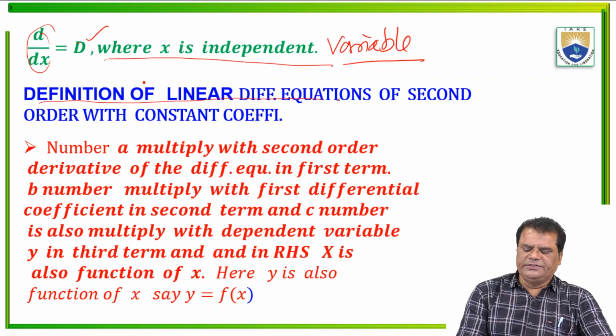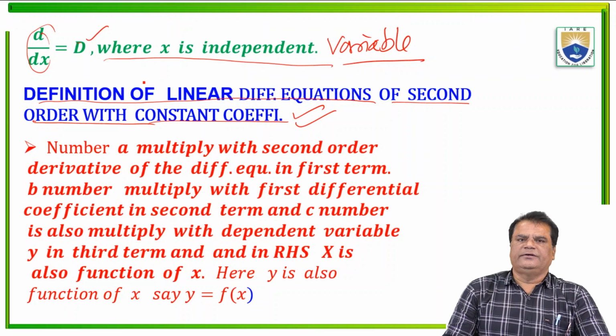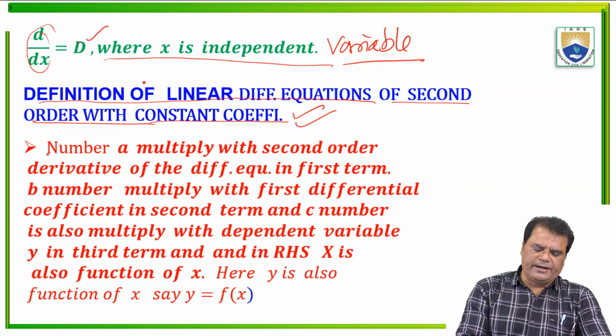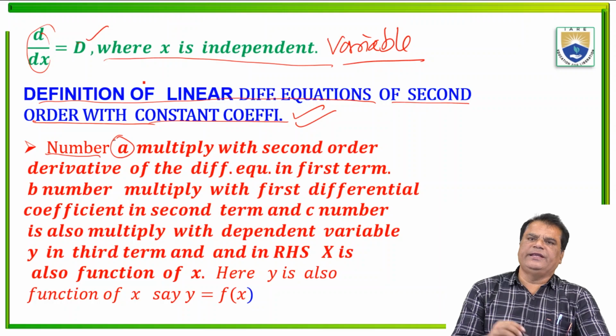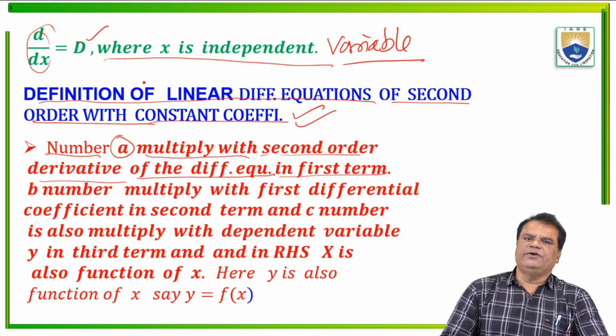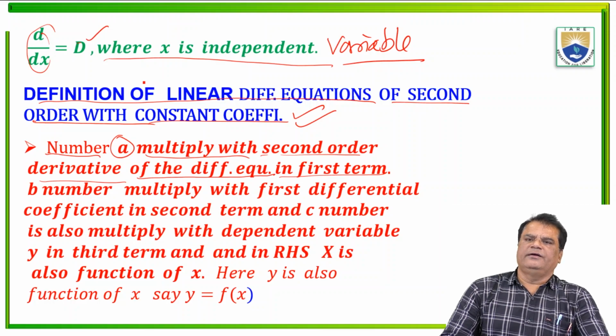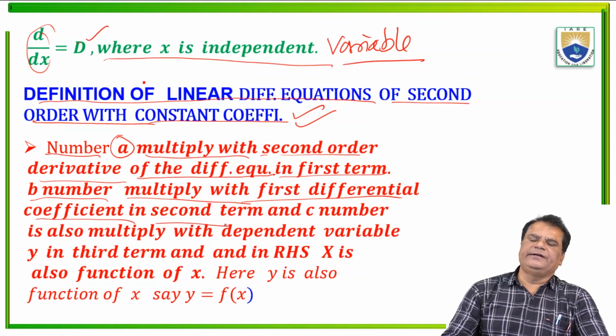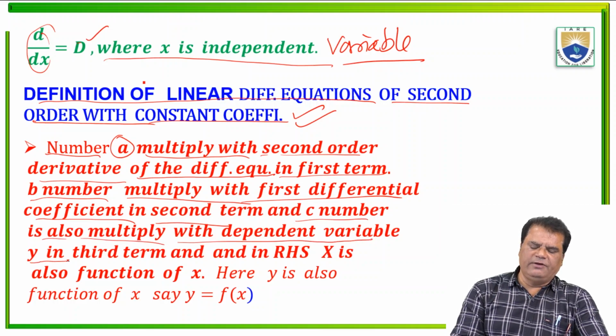Now we have defined the differential equation which we use in variation of parameters: the definition of a linear differential equation of second order with constant coefficients. We are taking only constant coefficients, not variable coefficients. As I said on the last slide, a is any number multiplied with the second order derivative in the first term of the differential equation, b is a number multiplied with the first derivative in the second term, and c is a number multiplied with the dependent variable y in the third term.